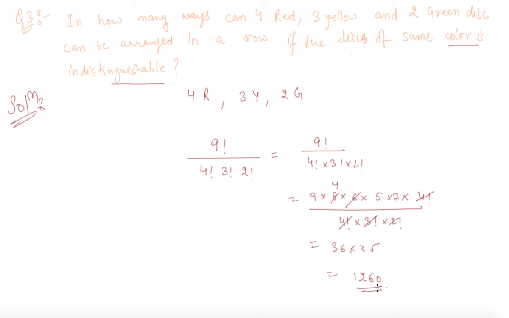I hope students this is now pretty clear to you, to find the number of ways. This 4 comes because of R, because they are repeating. As I have discussed in my previous lecture, if there are some things which are repeating, we divide the total number of permutations by the repetitions.